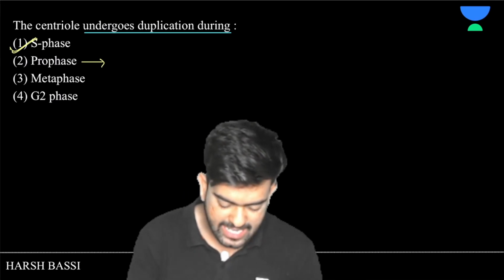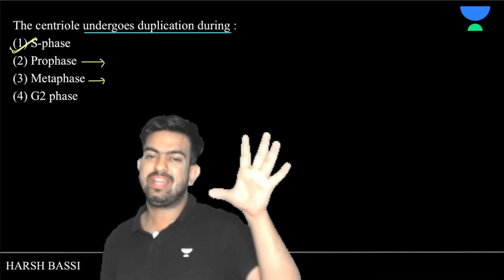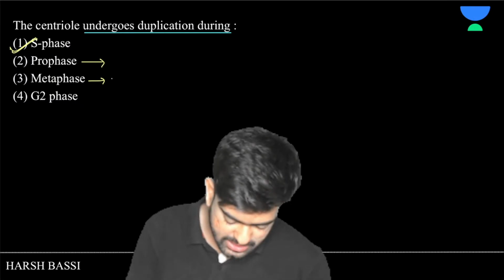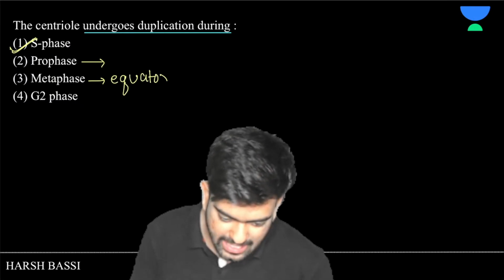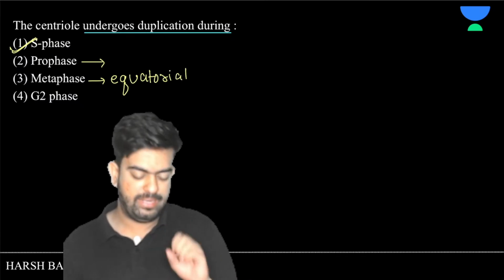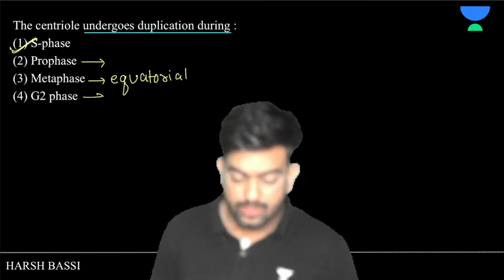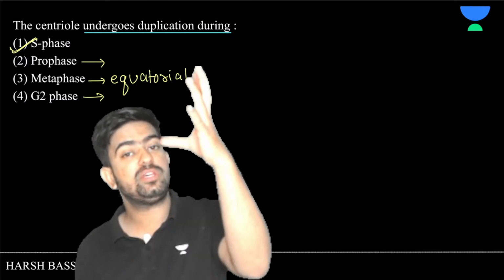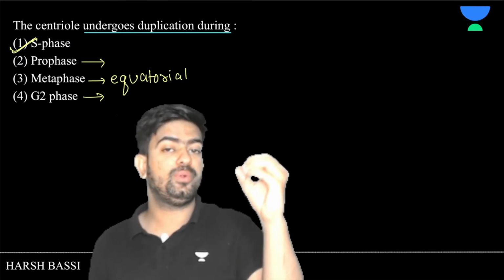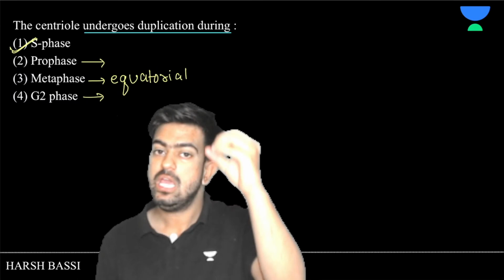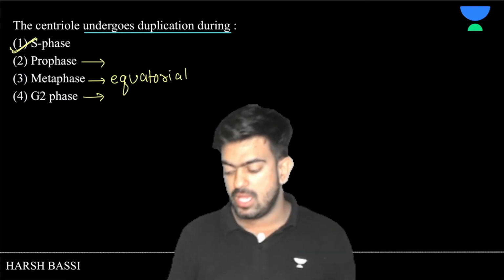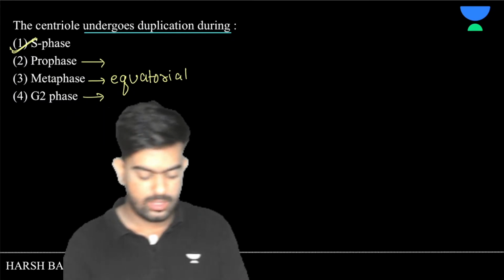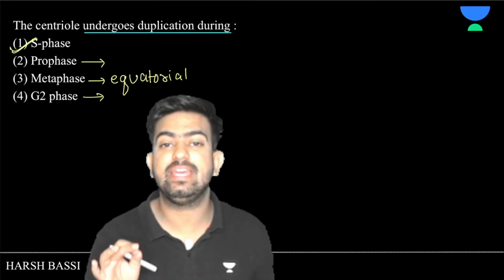In metaphase, the characteristic feature is the equatorial plate. Yes or no? That's very good. The equatorial plate is formed. In G2 phase, some proteins, except histone proteins, are formed. Is it clear to everyone? Yes or no? Is this question clear? That's great. If this is clear, it's very good.